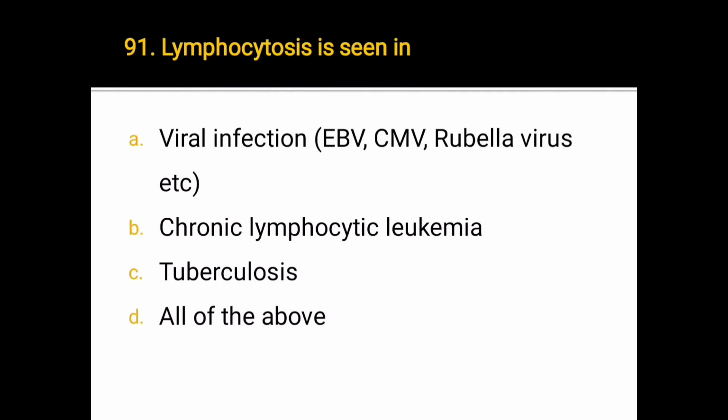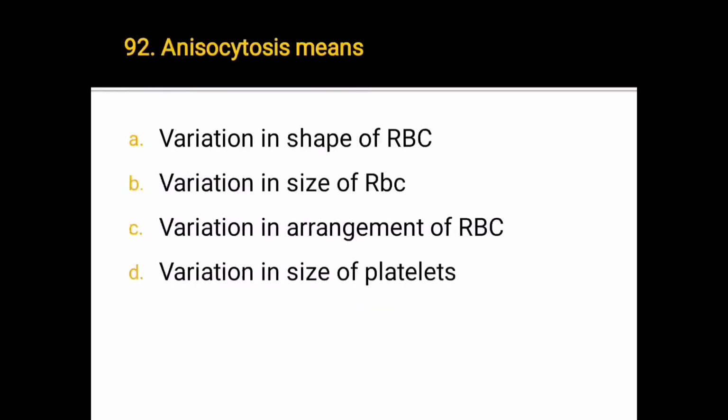Lymphocytosis is seen in A. Viral infection, EBV, CMV, rubella virus, etc., B. Chronic lymphocytic leukemia, C. Tuberculosis, D. All of the above. Correct answer D. All of the above. Anisocytosis means A. Variation in shape of RBC, B. Variation in size of RBC, C. Variation in arrangement of RBC, D. Variation in size of platelet.